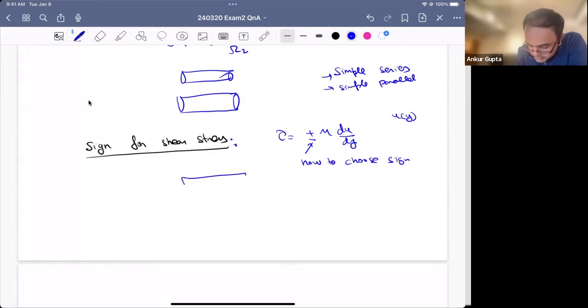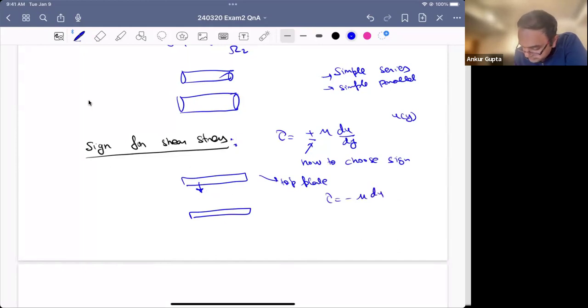In simple words, the top plate would be negative, minus mu du by dy, because the normal is pointing downwards, and the bottom plate normal is pointing upwards, so tau will be plus mu du by dy.